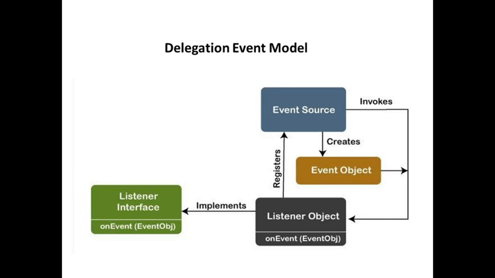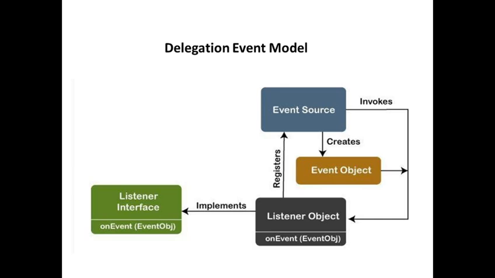But the modern approach for event processing is based on the delegation model. It defines a standard and compatible mechanism to generate and process events. In this model, a source generates an event and forwards it to one or more listeners. The listener waits until it receives an event.